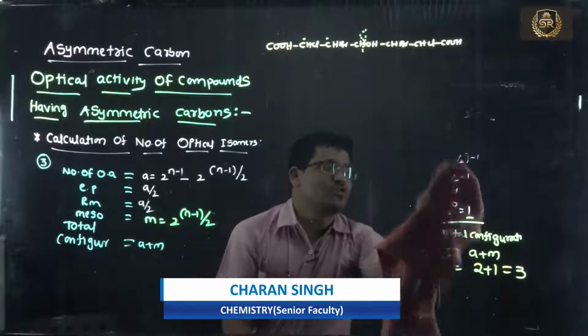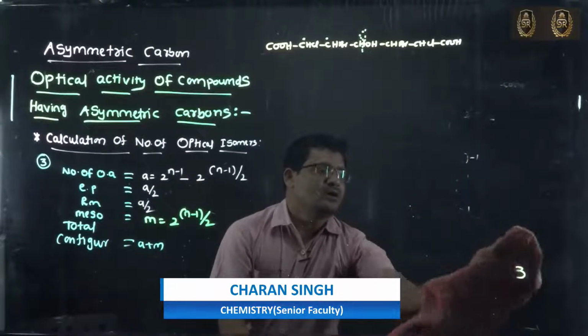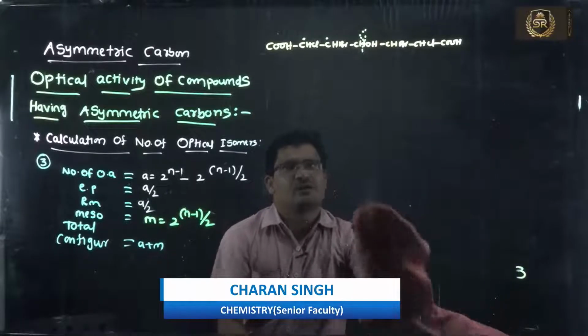It can be divided into two identical halves, but odd numbers are there. That means here n equal to 5.